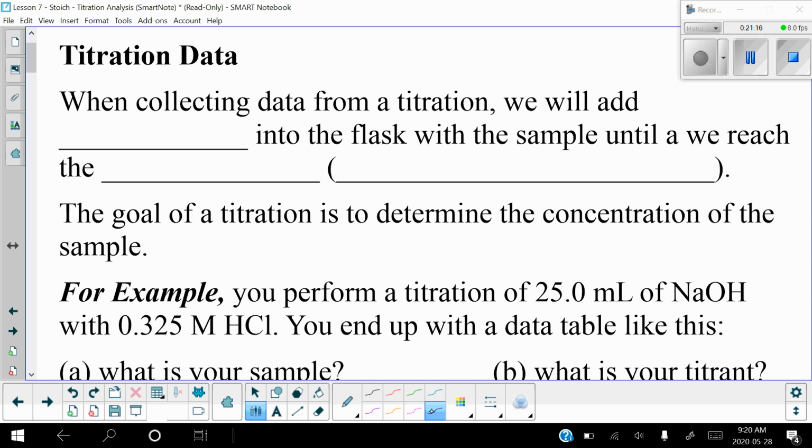Okay, so let's look at titration data. When collecting data from a titration, we will add titrant into the flask with the sample until we reach the equivalence point. Or in our case, we'll be able to see it with a color change.